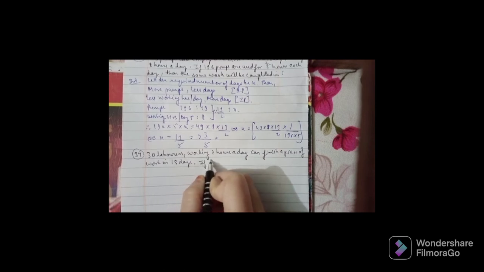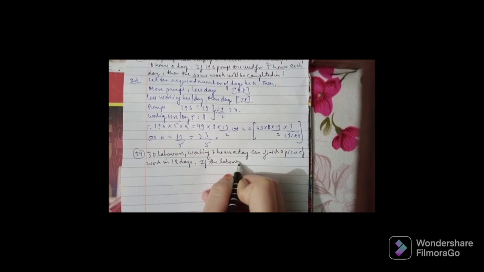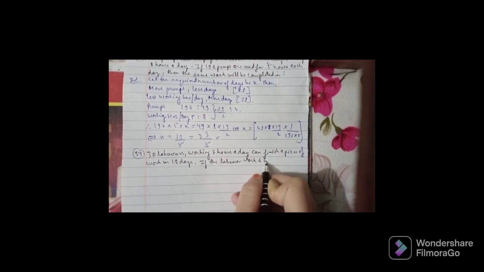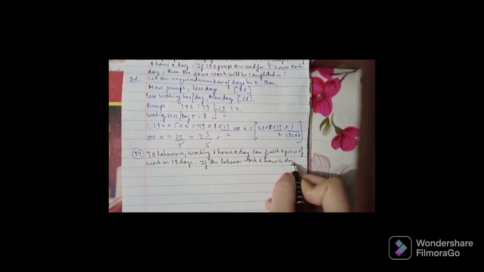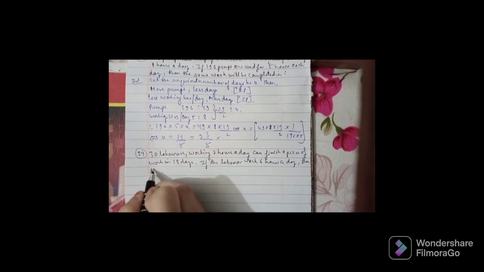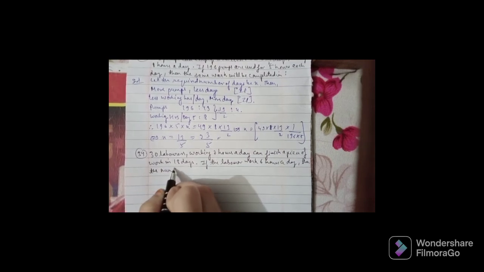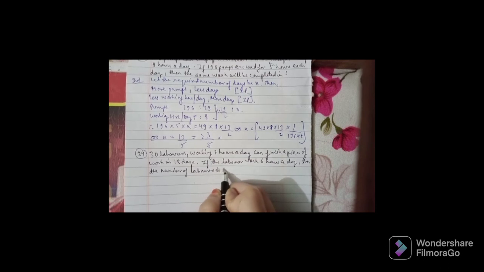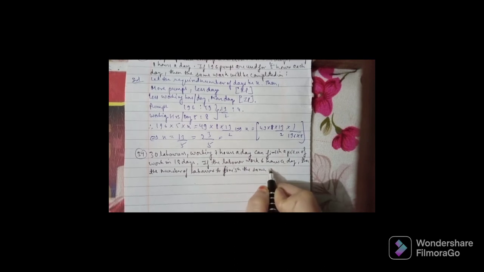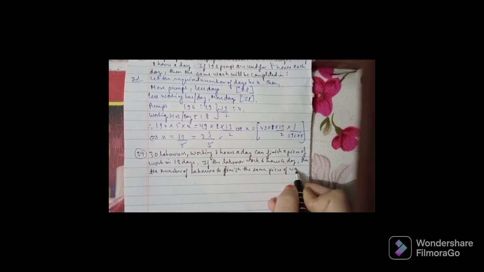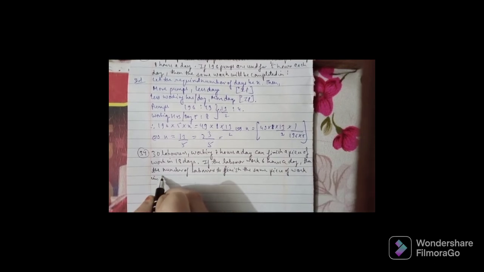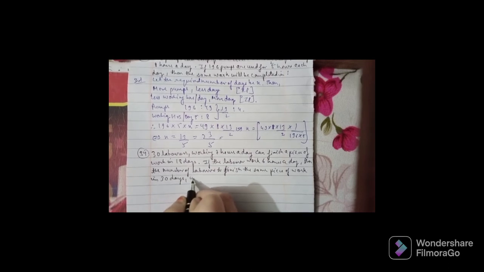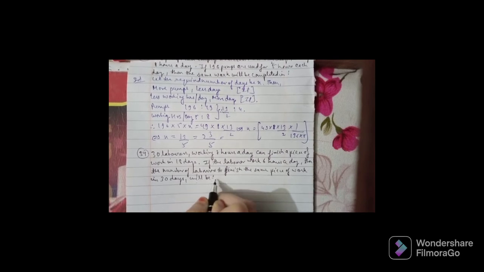If the laborers work 6 hours a day, then the number of laborers to finish the same piece of work in 30 days will be 15, 21, 22 and 25.